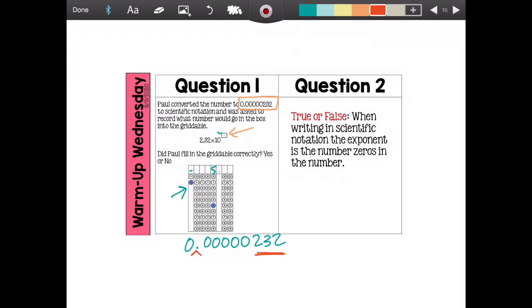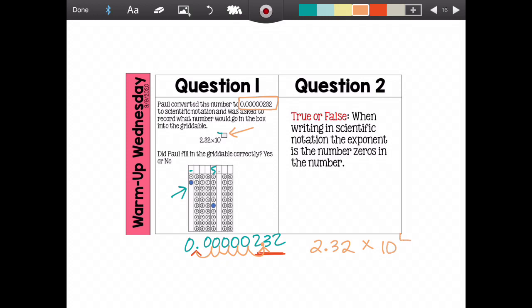Right now it's 232, but we need a number between 1 and 10. So let's move our decimal: 1, 2, 3, 4, 5, and 6. If I put my decimal right there, that gives me 2.32, which is a number between 1 and 10. So I'm good there.